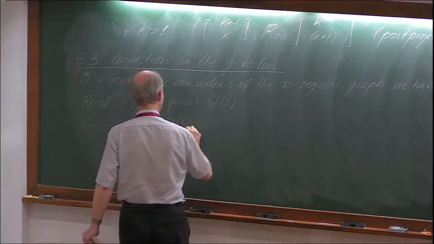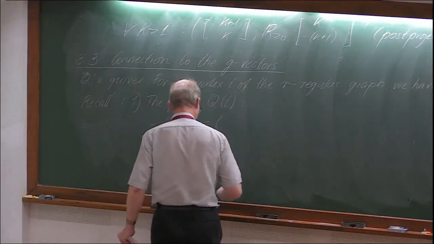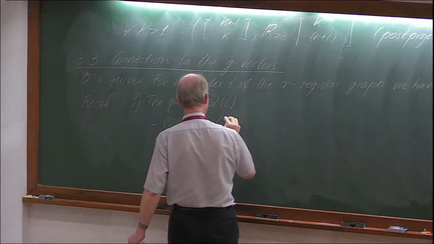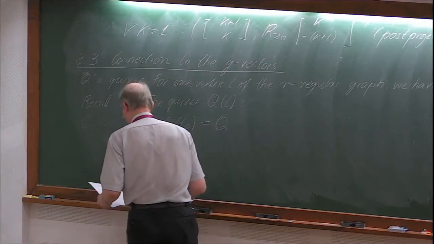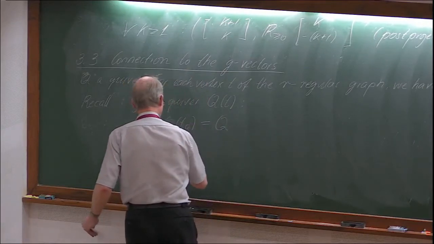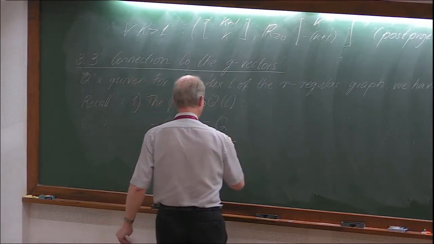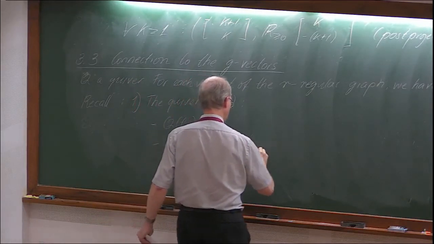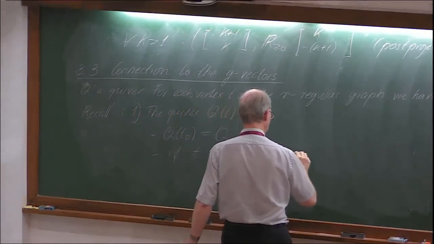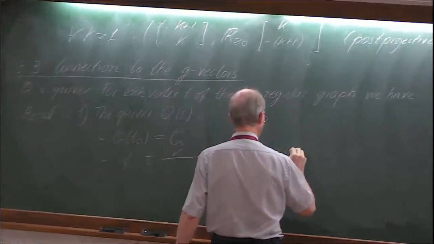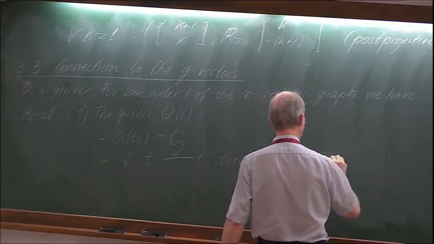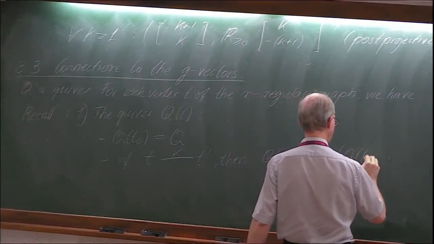Q at the root, Q_T0, is just the quiver Q. And if T and T prime are linked by a mutation k, then Q_T prime is the mutation at k of Q_T.